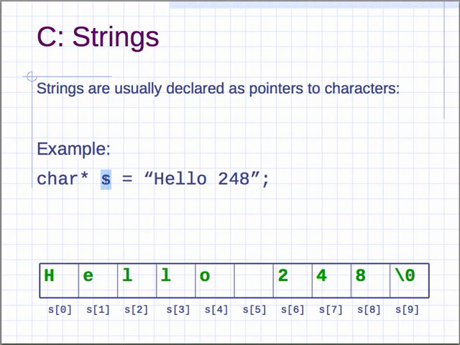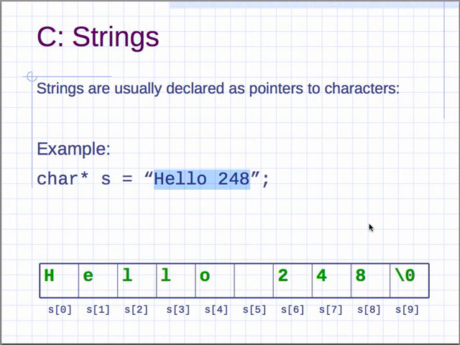So how can it be that? Well, that's how C works. When you say char star S, ignore the rest. You're saying S is a pointer to character. You assign it this value in double quotes, hello to 48, and what you're saying there is that now S points to an array which has 1, 2, 3, 4, 5, 6, 7, 8, 9 locations plus 1 for the null termination character that's added automatically.